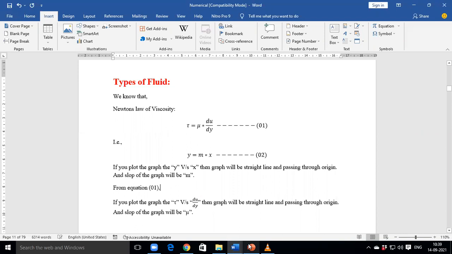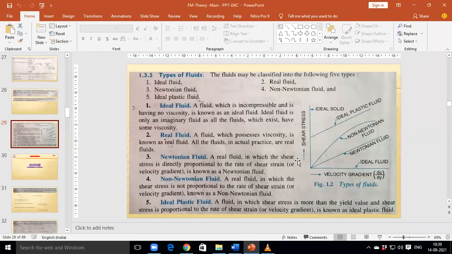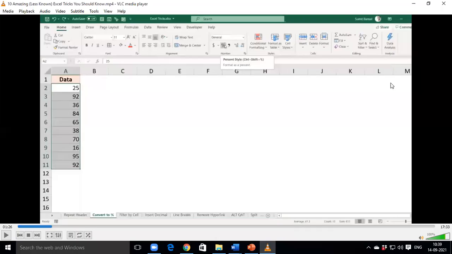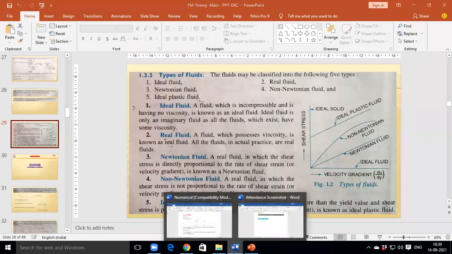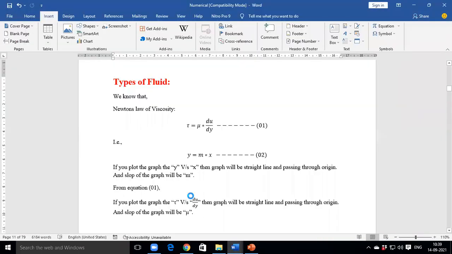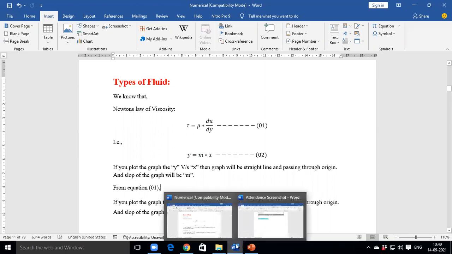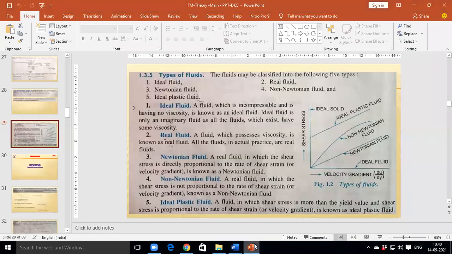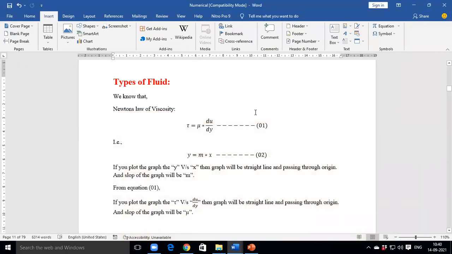In the same way, you can see here shear stress. Shear stress means which notation as far as equation number 1 is concerned?